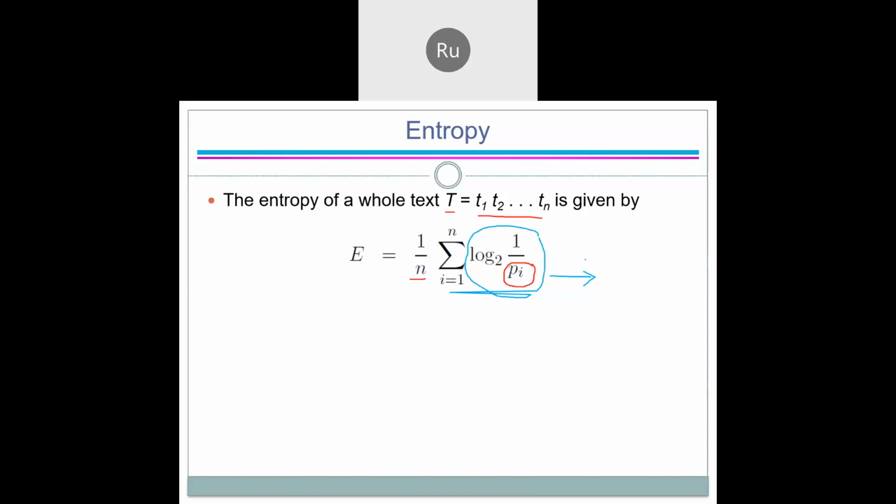So this becomes log base 2 of 1, which is 0. That means the entropy is 0, meaning they capture no meaning. They are always there. So terms or symbols that appear less often carry more meaning compared to those terms that are always there.